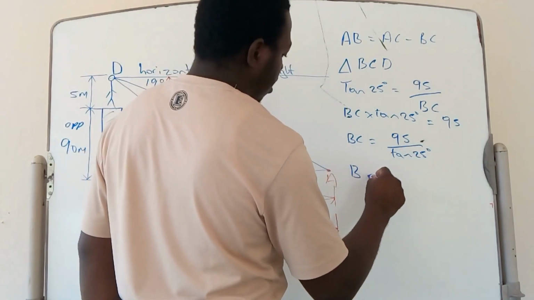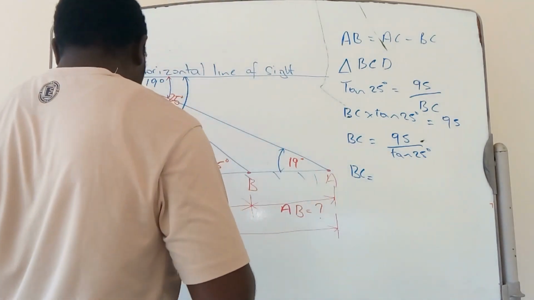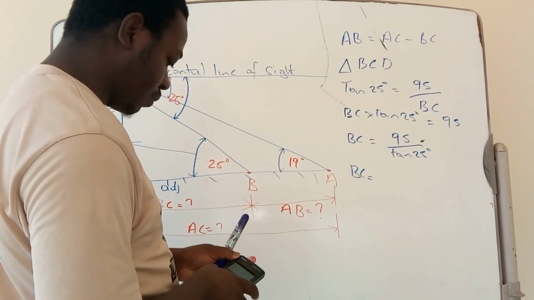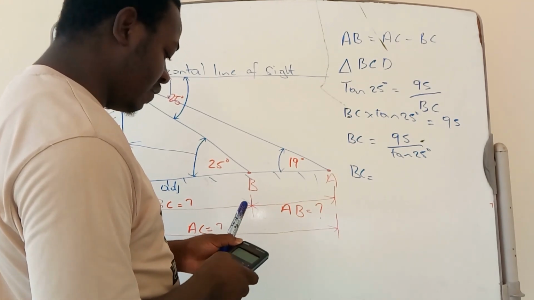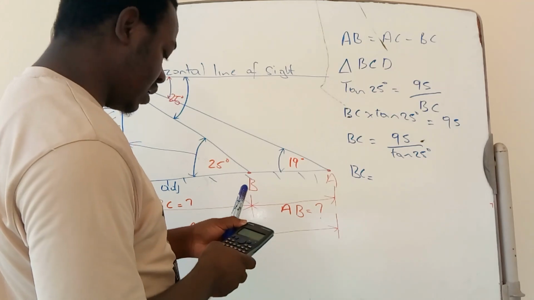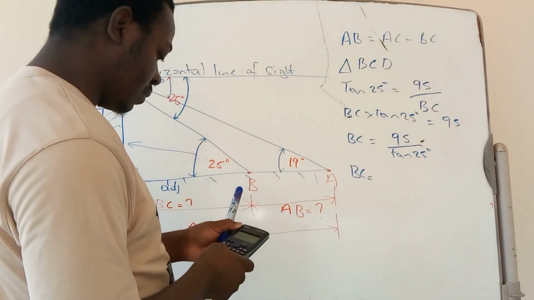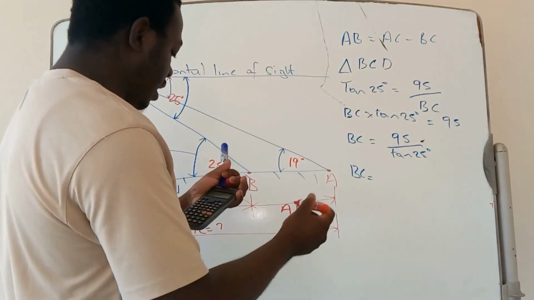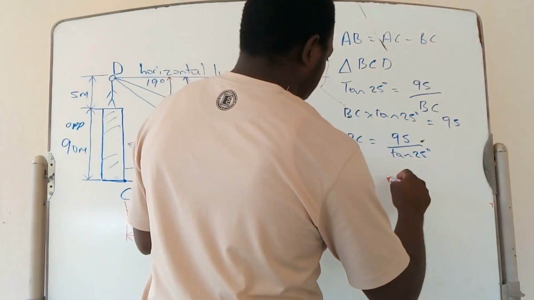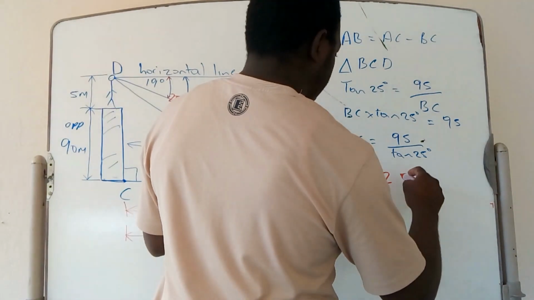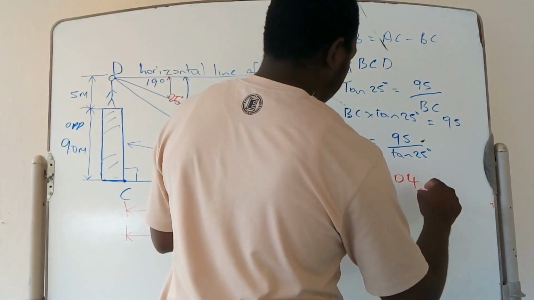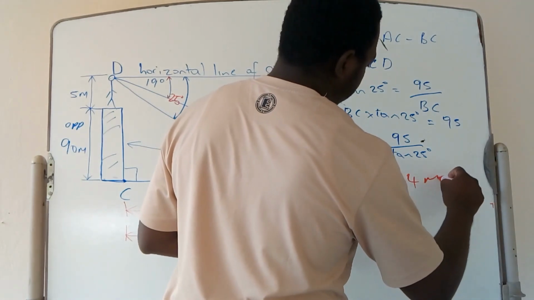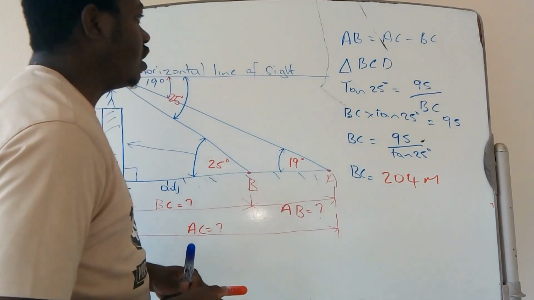You put that on your calculator, so that's 95 divided by tangent of 25 degrees, and that is approximately 204.4 meters, so 204 meters to the nearest whole number.